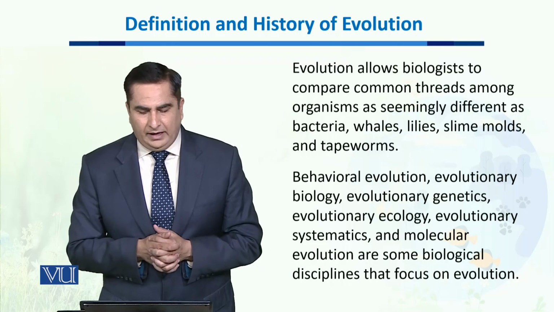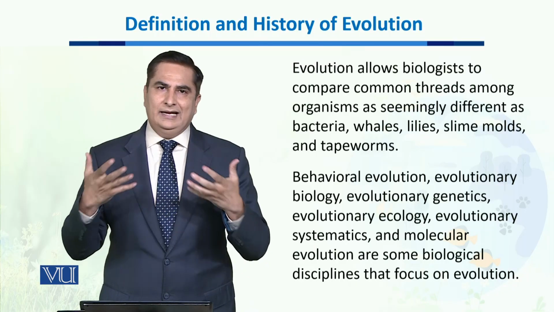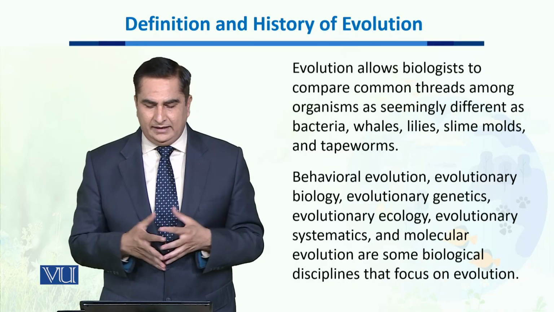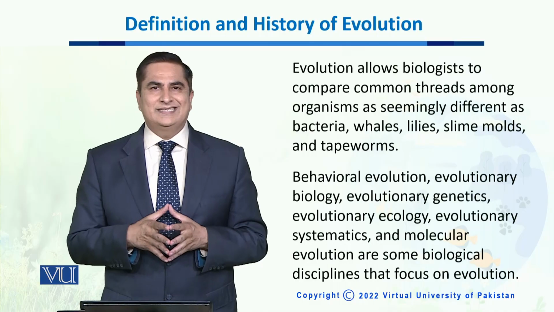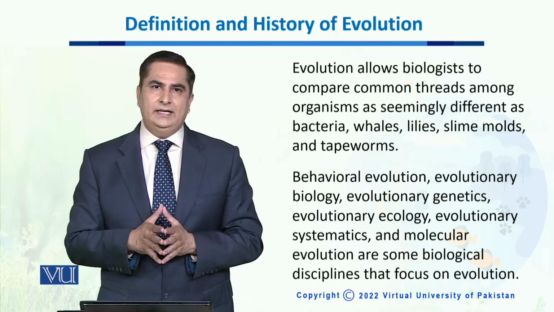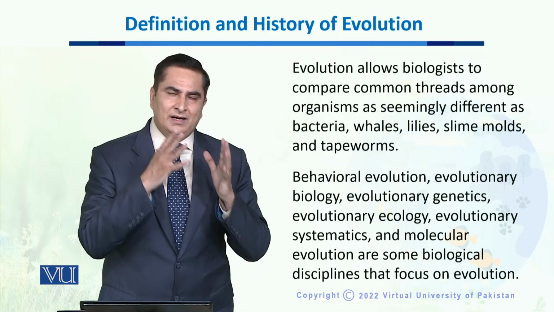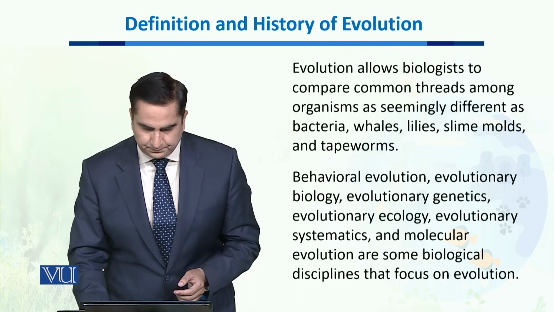Then we have evolutionary biology, evolutionary genetics, evolutionary ecology, evolutionary systematics, and molecular evolution. These are some of the disciplines of biology that specifically focus on the evolution of organisms, including animals and plants.